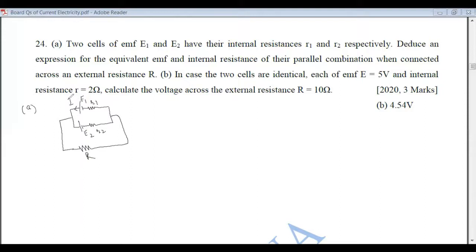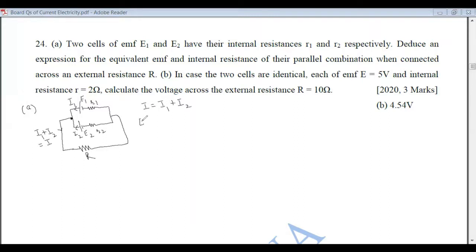Let the current through the E1 cell be I1 and let the current through the E2 cell be I2. At this junction, we know that the current entering is I1 plus I2. So the current leaving this junction will be equal to I1 plus I2. Let it be equal to I. That is, I is equal to I1 plus I2. I is the total current from both of the cells.